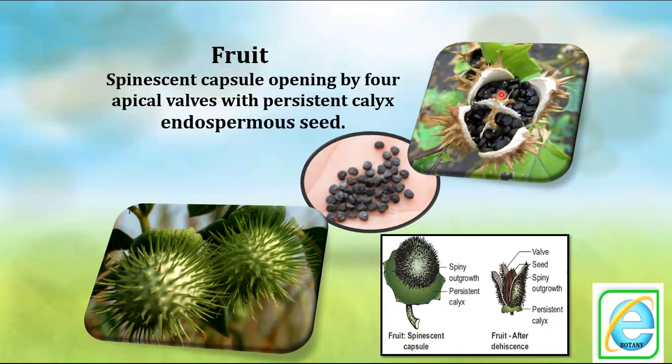Inside these four apical walls, a number of endospermous, black colored seeds are present. Look at this: these are the four walls, and this is the spiny outgrowth and persistent calyx with the endospermous seed.